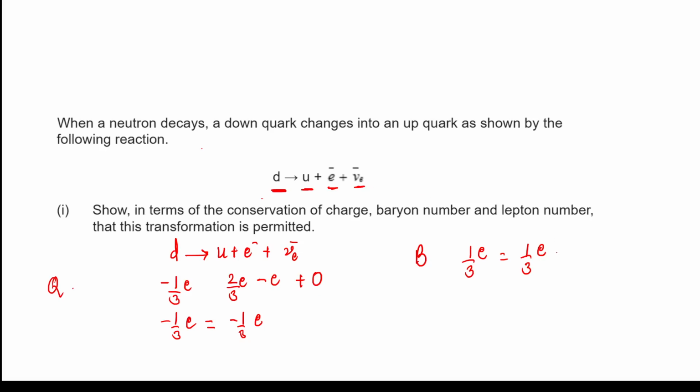Anti-neutrino is also a fundamental particle, so no baryon number. So this is equal. Lepton number: quarks do not have a lepton number because quarks are hadrons, so 0. Electron has a lepton number of +1, and antineutrino has a lepton number of -1, hence 0, conserved.